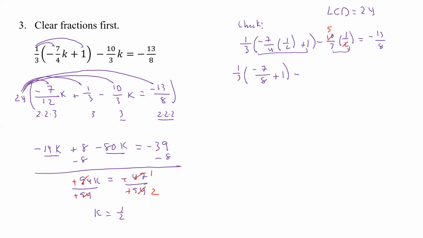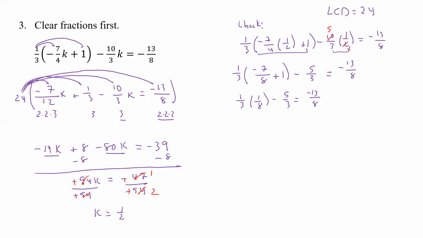So that's minus 5/3. Now here we have 1 minus 7/8. Well, guess what? That's just 1/8. So we have 1/3 times 1/8 minus 5/3 equals negative 13/8.